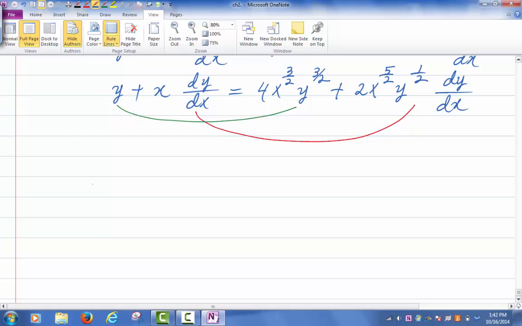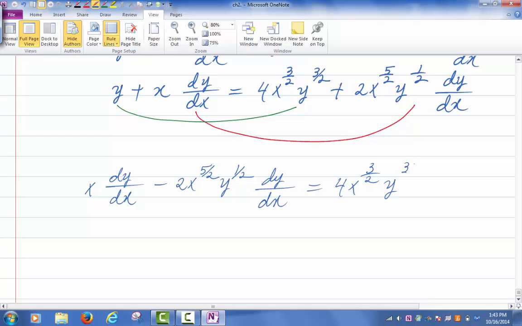What I would have is x dy/dx minus 2x to the 5/2 y to the half dy/dx, which is equal to 4x to the 3/2 y to the 3/2 minus y. Is everybody okay with that?